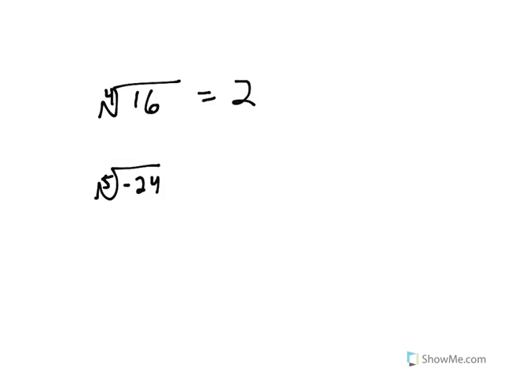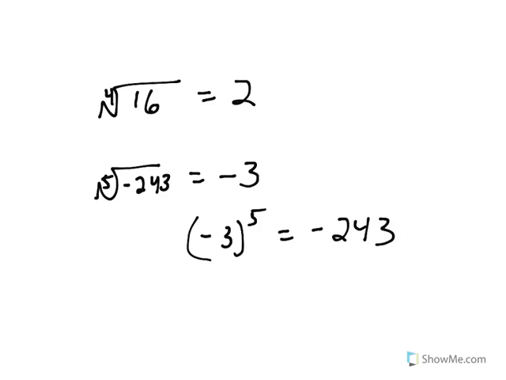For example, the fourth root of 16 equals 2. The fifth root of -243 is -3, because -3 to the fifth power equals -243.